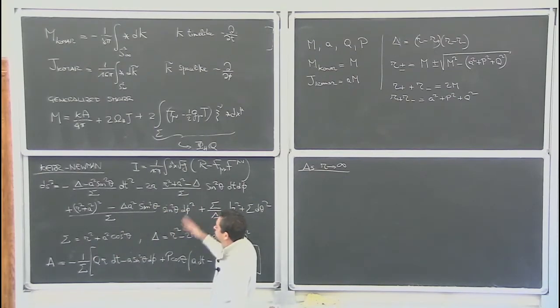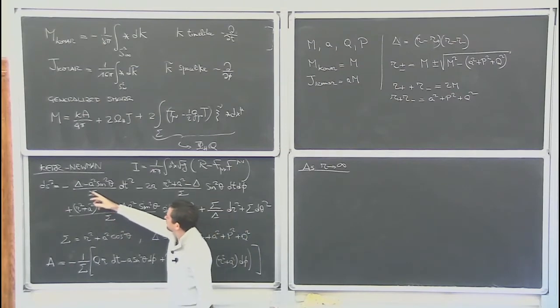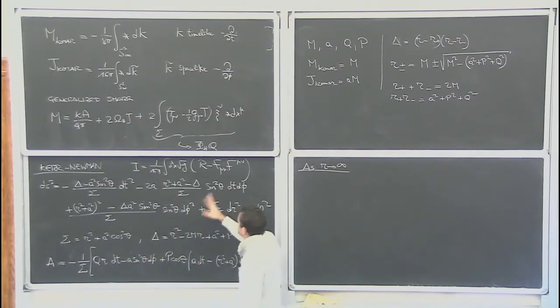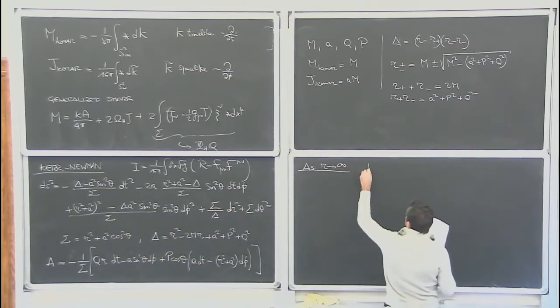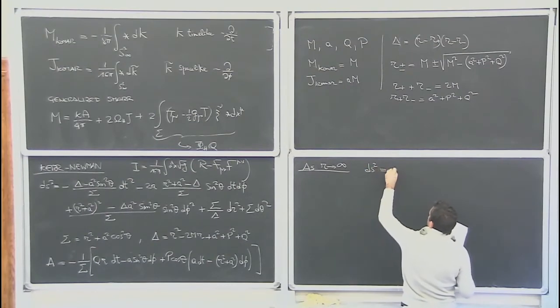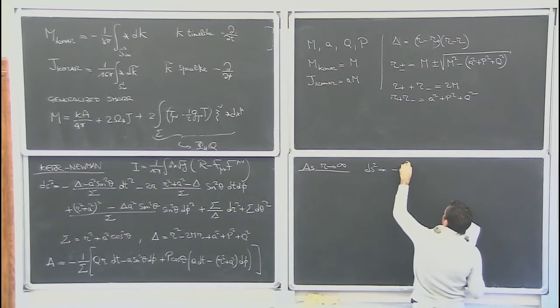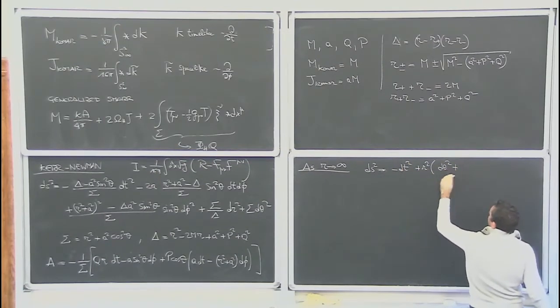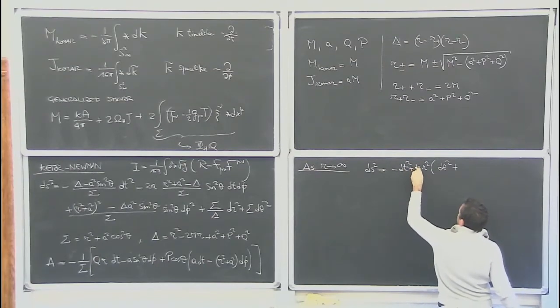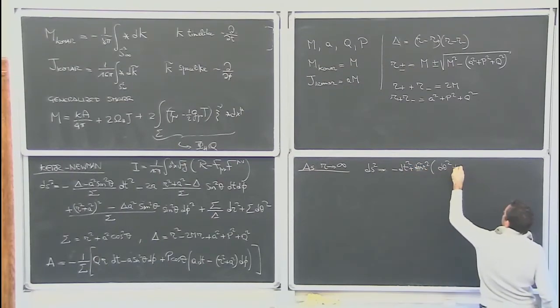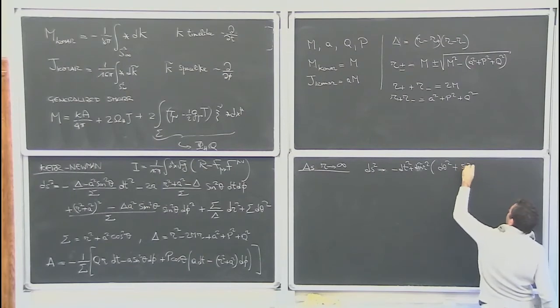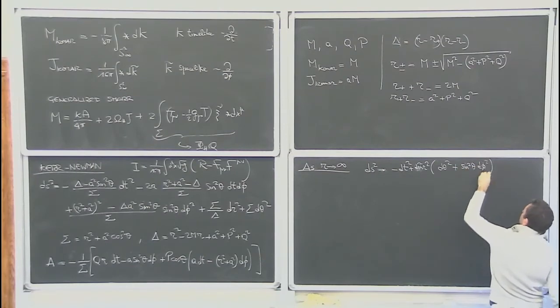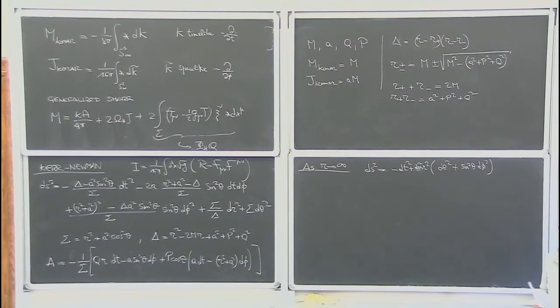And so for large R, we can approximate delta and sigma in this way. So the metric is really the one of Minkowski asymptotically. So asymptotically, the space-time is flat.